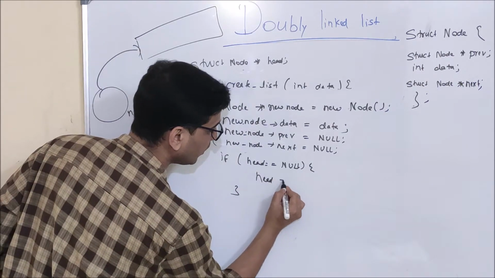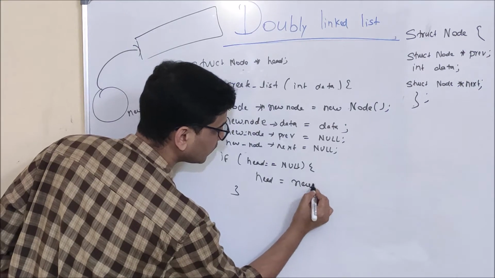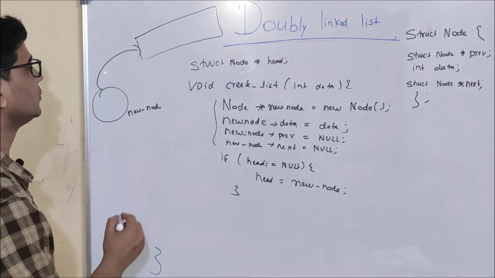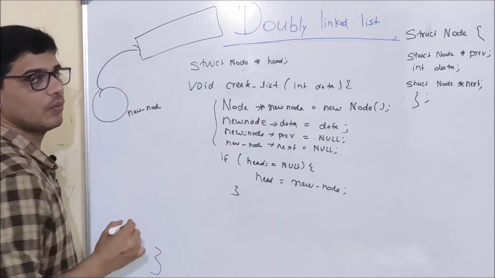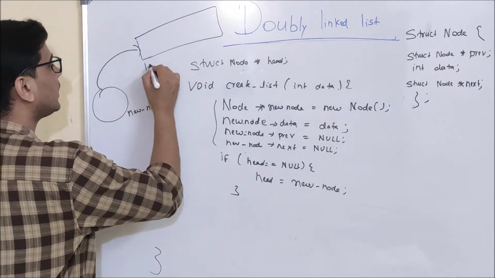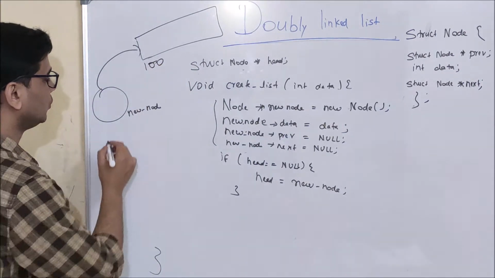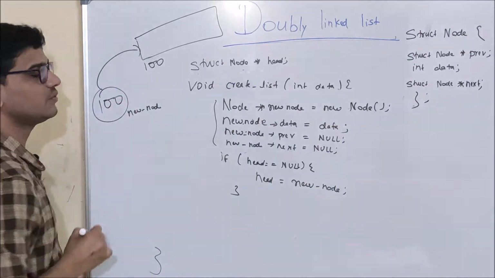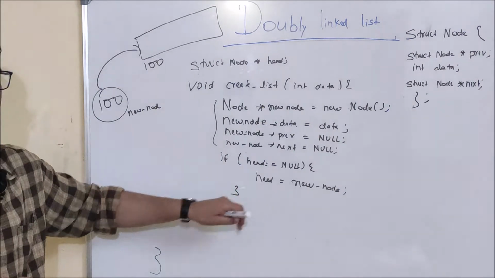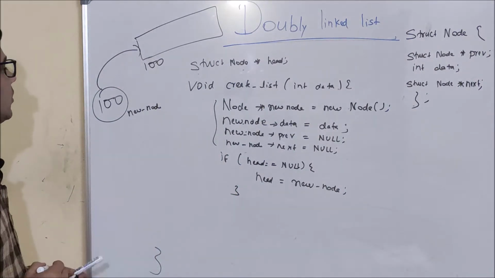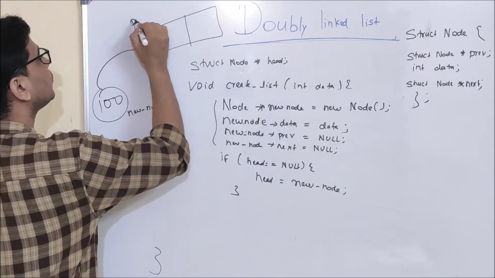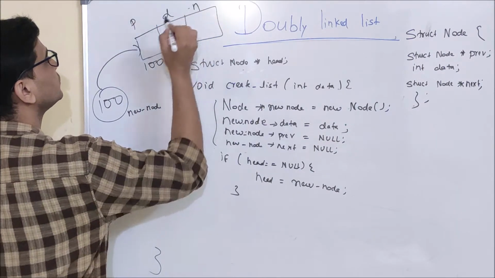In head, we will store new node. Suppose the operating system has taken a memory block starting from memory address 100. So in new node, we will be storing 100, and we copy this same thing into our head. Suppose this is our previous pointer, this is the data field, and this is next.